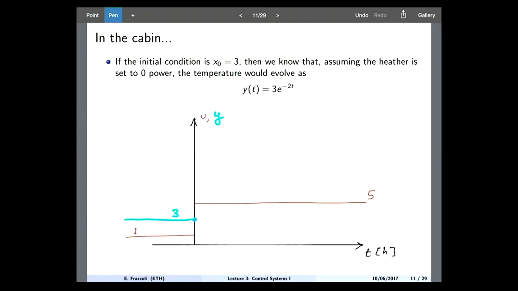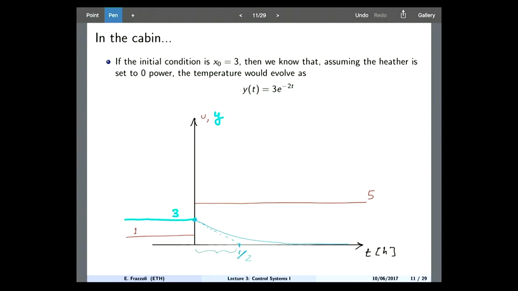In particular, this is one way that you can construct this curve, because you know that the tangent to the curve at the initial condition will intersect this axis at t equal to 1/2. The actual shape of this response will be something like that. It will be tangent to that line at time equals 0, and then it's an exponential that decays and goes eventually to 0.